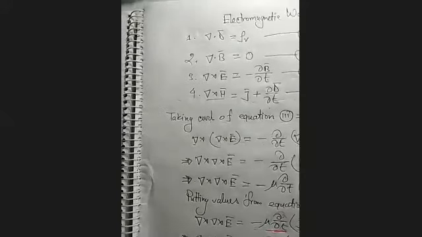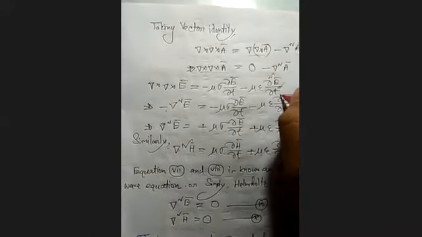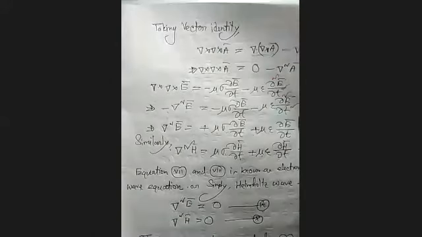For the second part, what is missing is that every time it will be del square by del t square, only for the second part. So here also del square by del t square. That's the correction, a multiplication mistake.